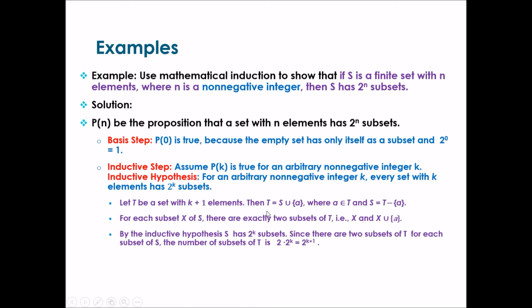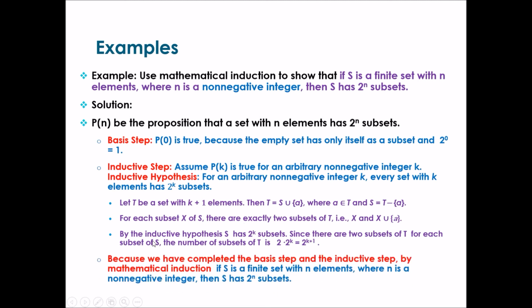So we assumed that we have a set T which is S union a singleton set A. Now A belongs to T and S is equal to T minus A. For each subset X of S, there are exactly 2 subsets of T, X and X union A. By the inductive hypothesis, S has 2 to the power k subsets.